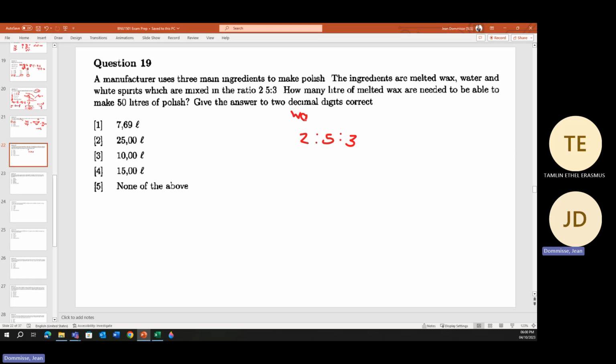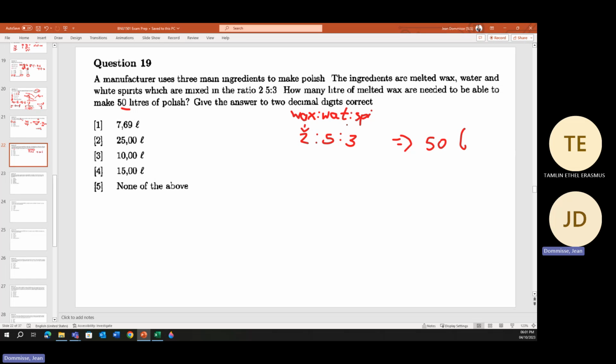So let's say that is wax, water, and spirits. How many liters of melted wax are needed to be able to make 50 liters of polish? Okay, so if this is to make 50 liters, how much wax do we need to have?